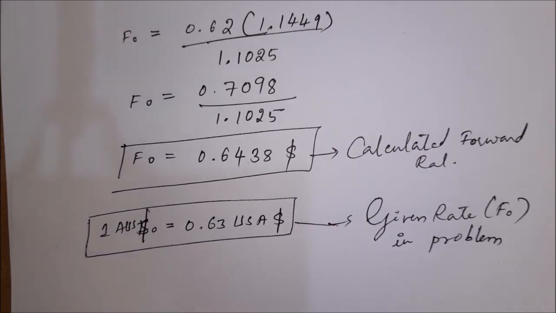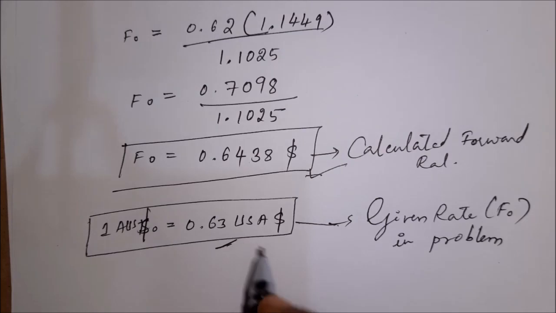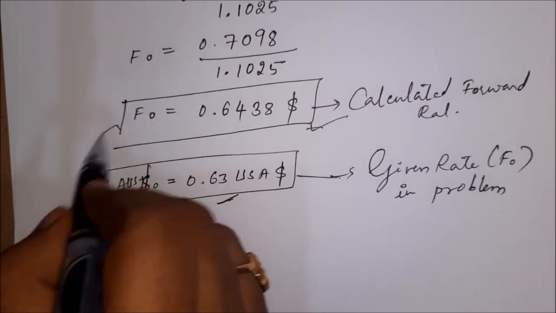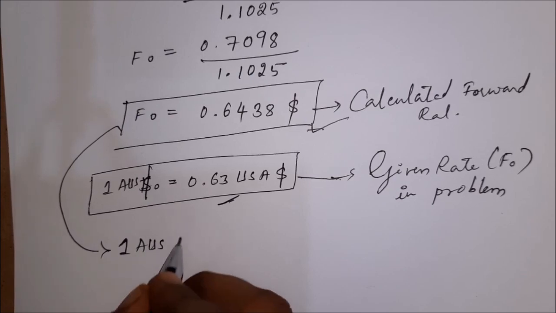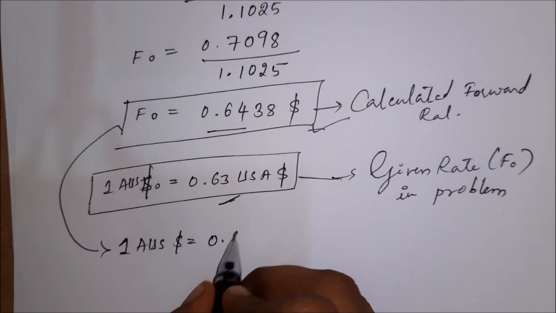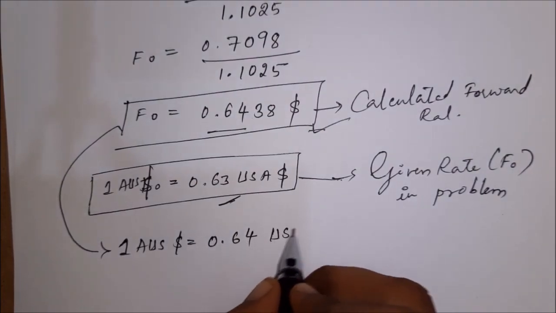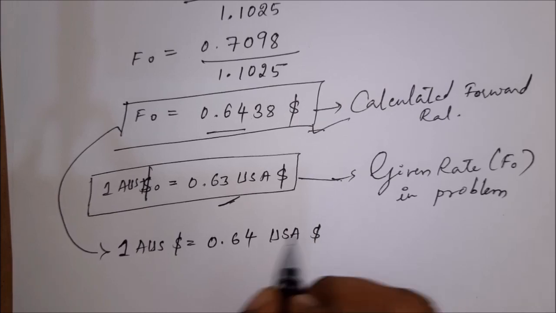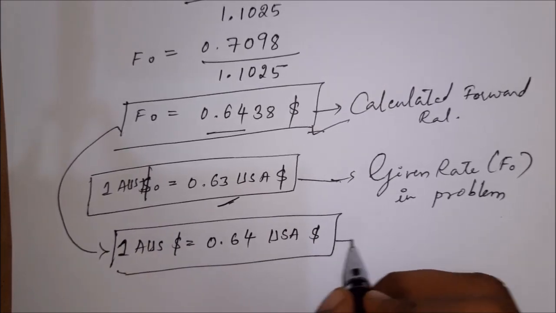So you have to show the arbitrage process for this price. How will you write the calculated price in exchange rate quotation? 1 Australian dollar is equal to whatever you have calculated, that is 0.64, or you may write 38 or leave it, USA dollar. It is calculated.